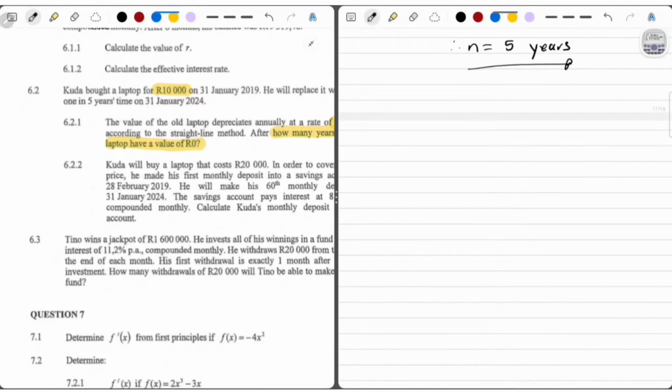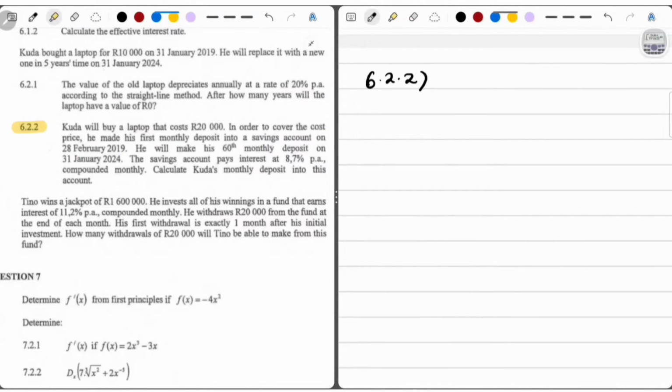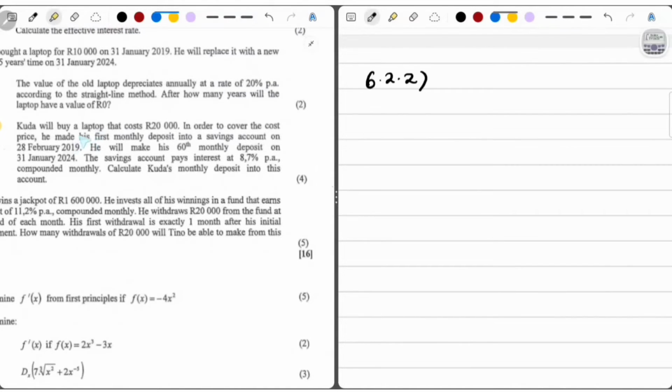Moving on to the next question. Okay, so 6.2.2 says, Kuda will buy a laptop that costs 20,000 Rand. In order to cover the cost price, he made his first monthly deposit into a savings account on the 28th of February 2019. He will make his 60th monthly deposit on the 31st of January 2024.